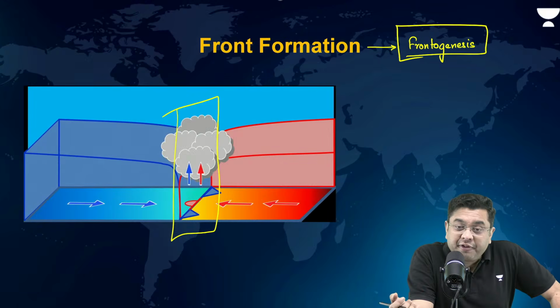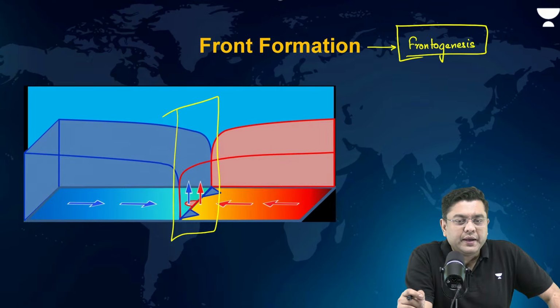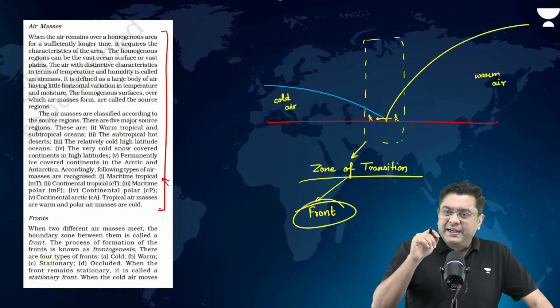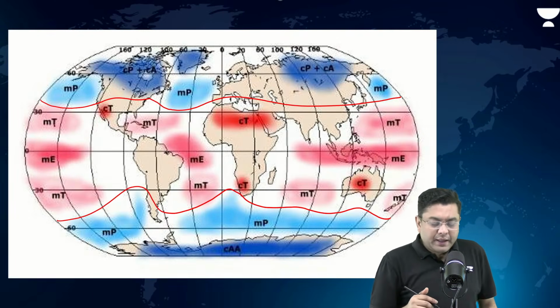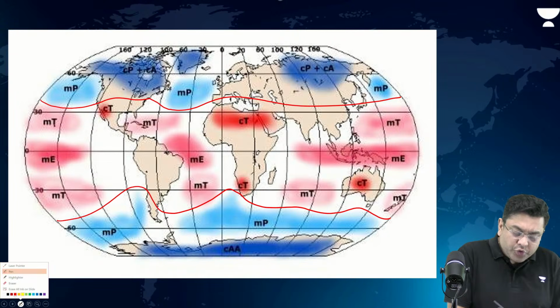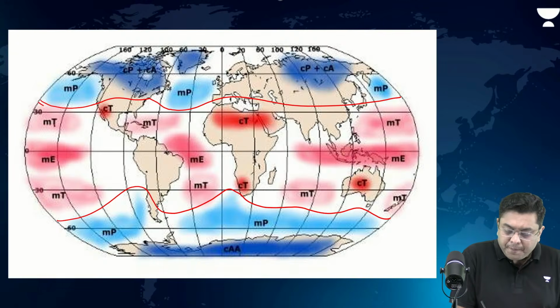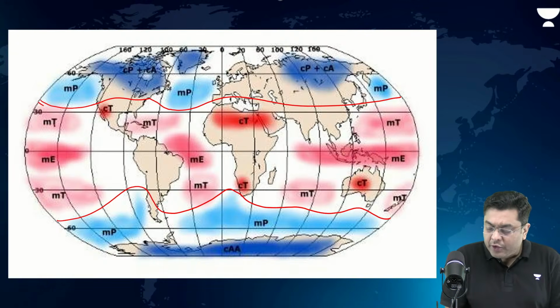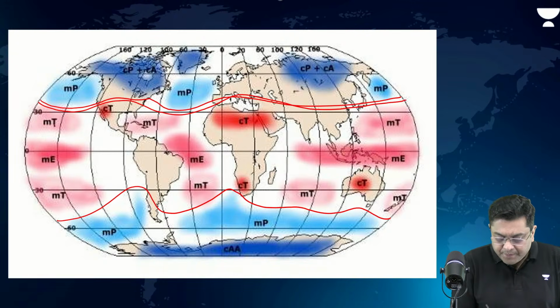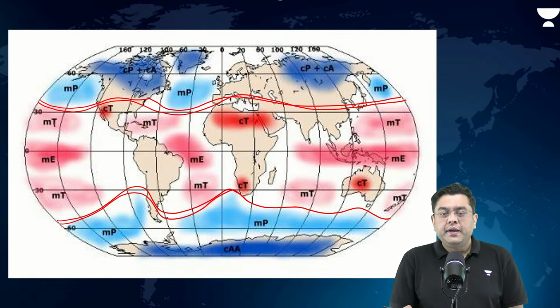So when a front gets created, that is frontogenesis. Now, again, I take you back to this map. From this map, can you all come to this conclusion that frontogenesis will be common in this area where the warm and the cold air masses will meet? It will be common in this area, isn't it?